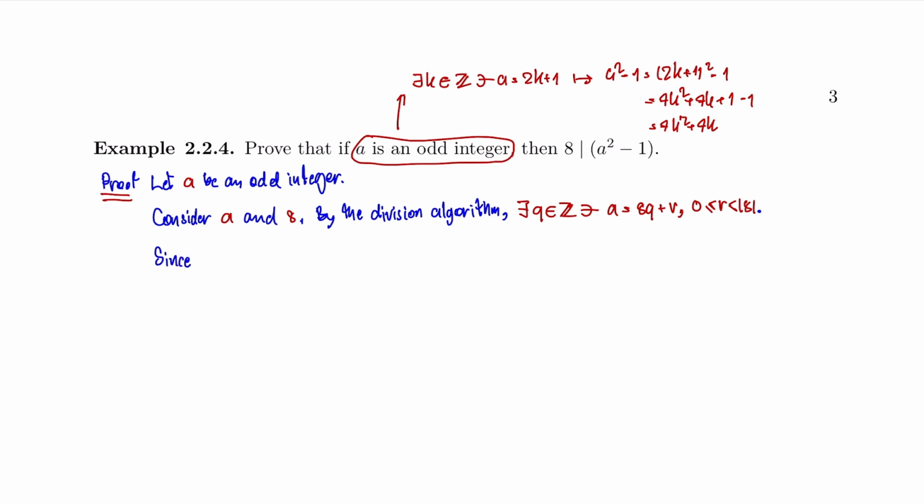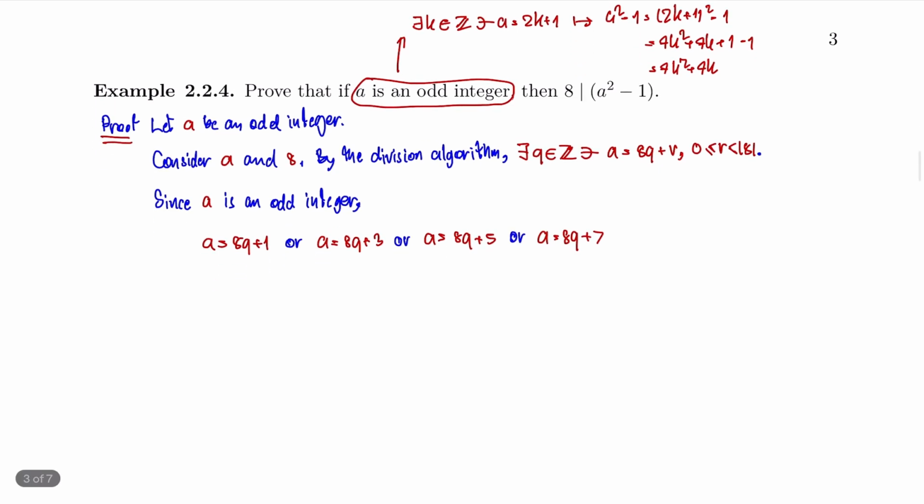Since a is an odd integer, we're going to have a equal to 8q plus 1, or a equal to 8q plus 3, or a equal to 8q plus 5, or a equal to 8q plus 7. That's it. So there will be 4 cases. Let's deal with these 4 cases.